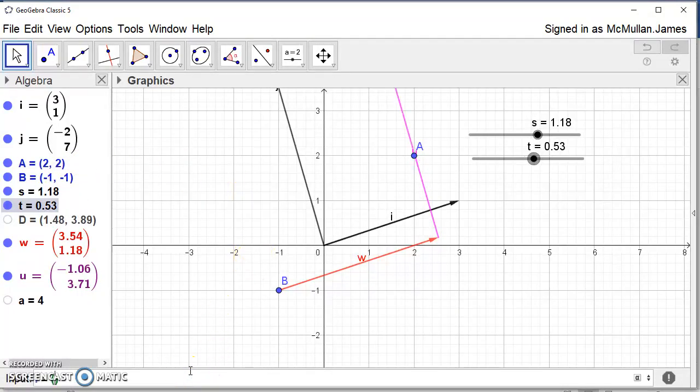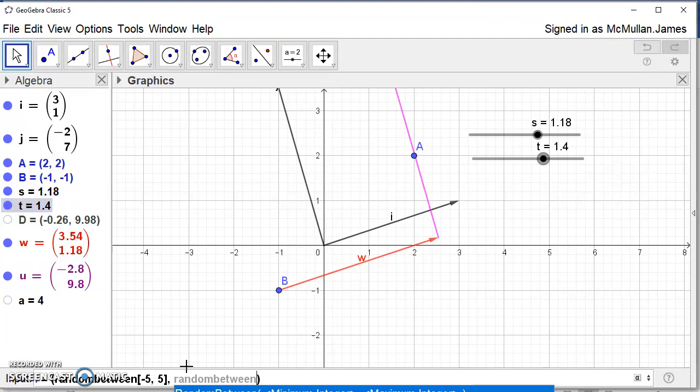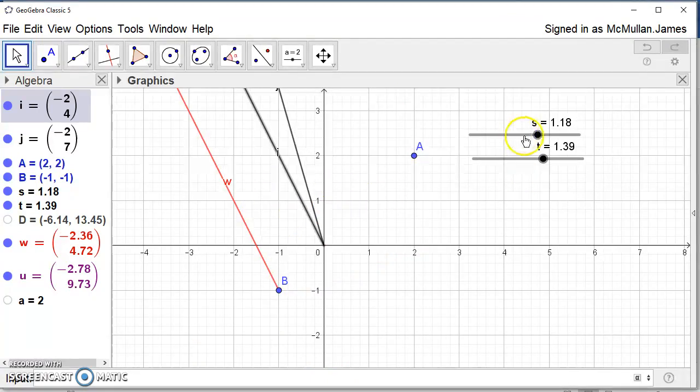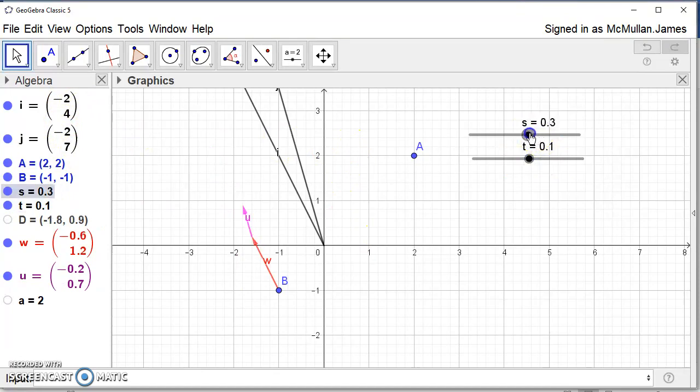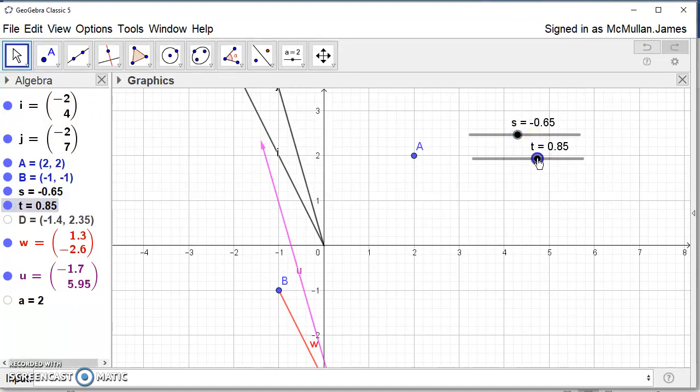Let's make i, again, a random one, random between -5 and 5. You can still make i a totally random vector, and some combination of these two is still going to enable me to get from A to B. Now, the one I have here is going to make this particularly difficult because I have to send it this way and then come back up.